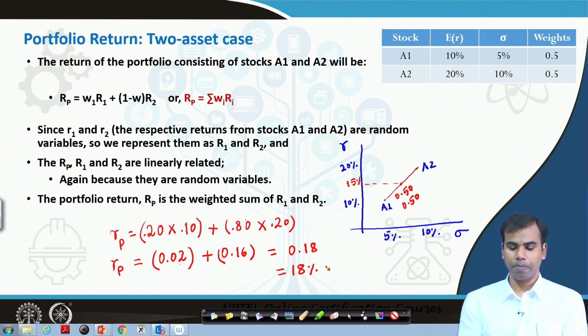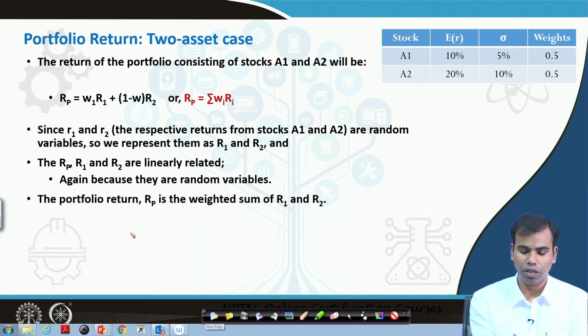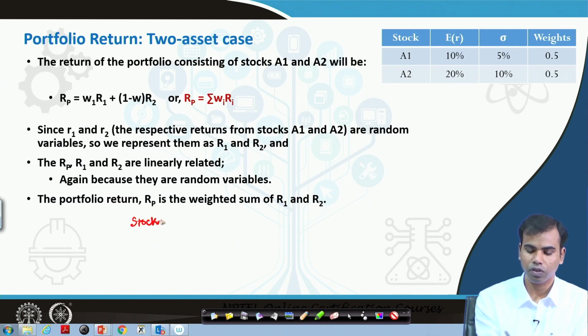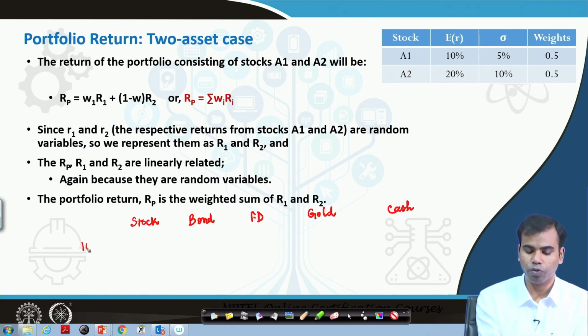So, the example that I am trying to show here is, if you have 5 different assets, let us say stock, that is a share of a company, bond, and then fixed deposit, then you want to have some money in terms of gold and then cash. So, these are 5 assets in your portfolio.